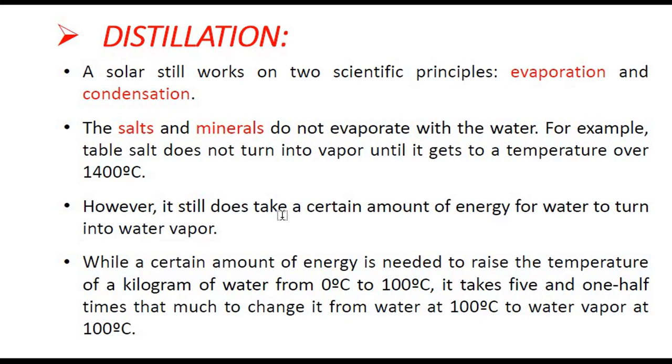However, it still takes a certain amount of energy for water to turn into water vapor. While a certain amount of energy is needed to raise the temperature of a kilogram of water from 0 degrees Celsius to 100 degrees Celsius, it takes 5.5 times that much to change it from water at 100 degrees Celsius to water vapor at 100 degrees Celsius.